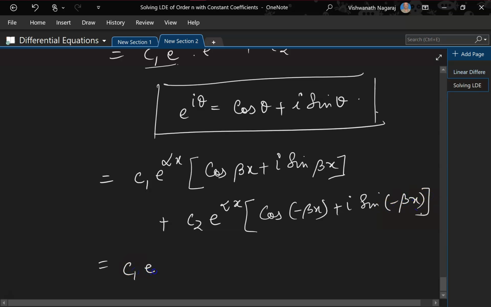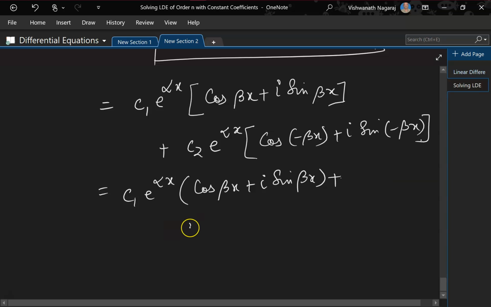So C1 e to the power of alpha x times cos beta x plus i sin beta x plus C2 e to the power of alpha x. Cos of minus something is cos itself, so cos beta x. Now sin of minus something is minus sin, so minus i sin beta x.